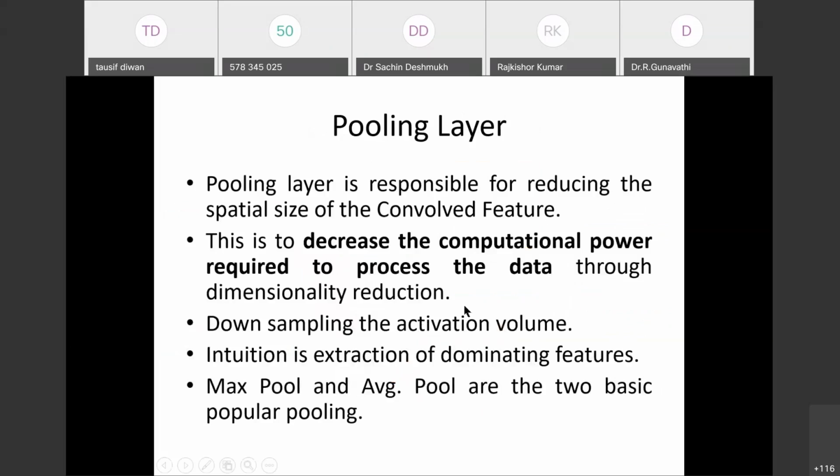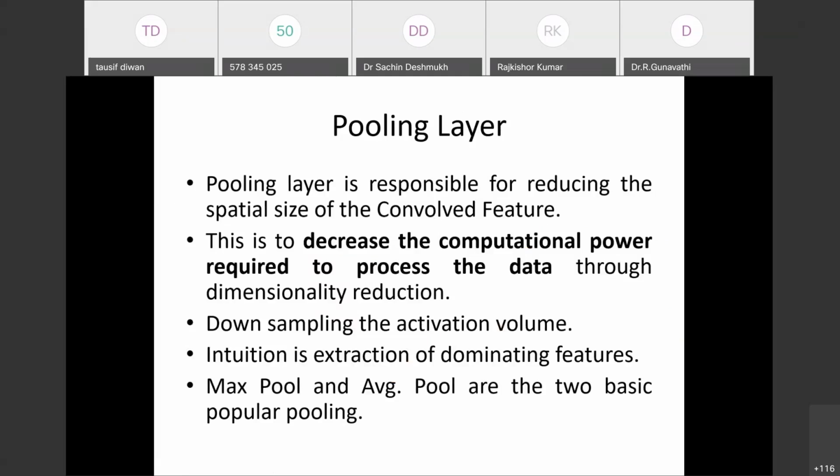Before jumping to that exercise, let's look at pooling and the different types of pooling. The pooling layer is responsible for reducing the spatial extent. What is the intuition behind pooling? We can extract the dominating features. Suppose among 4 values, one value is very high.